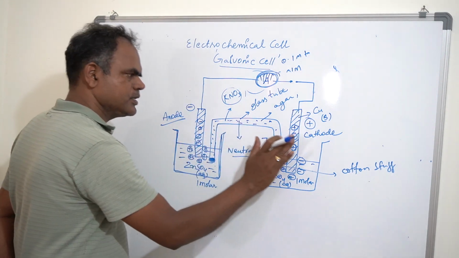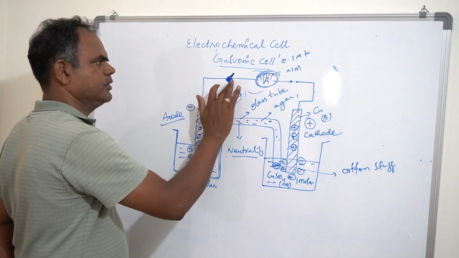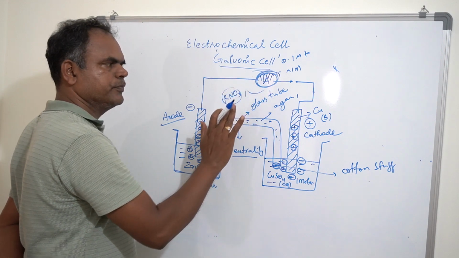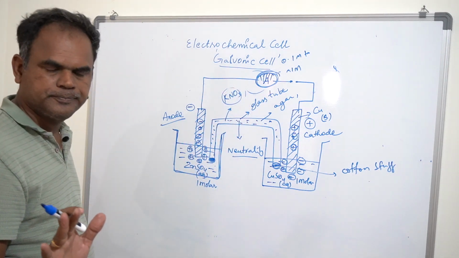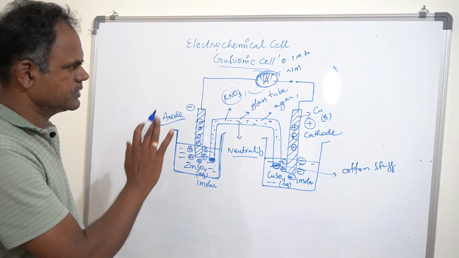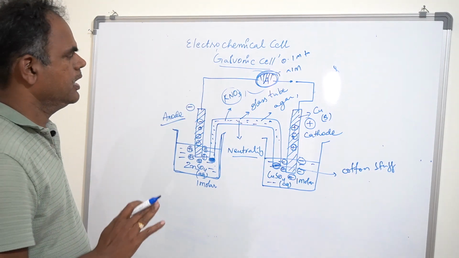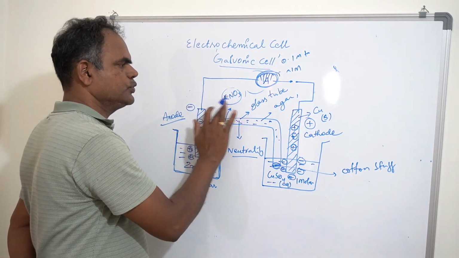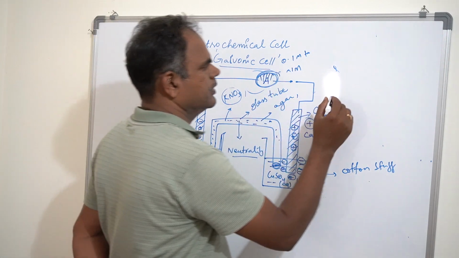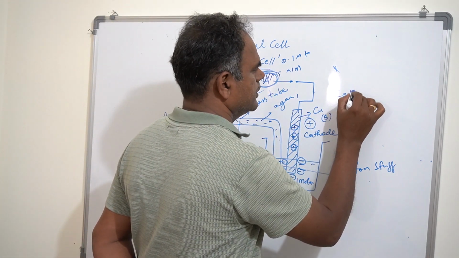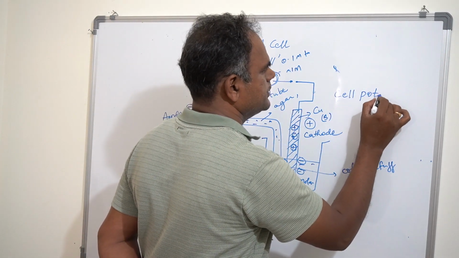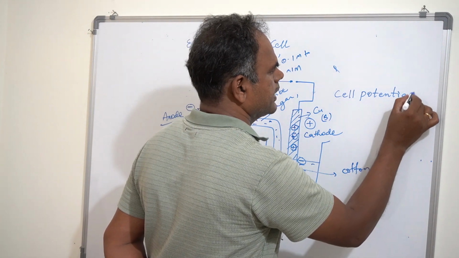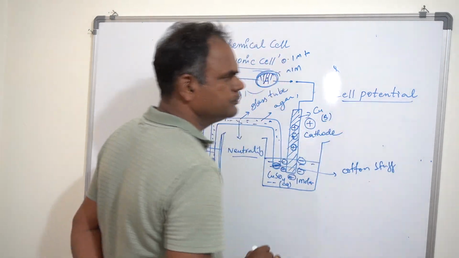When two half cells are connected by the wire through the ammeter, now the circuit is made. Both half cells are connected, and between these two half cells there is cell potential. Cell potential has been generated.